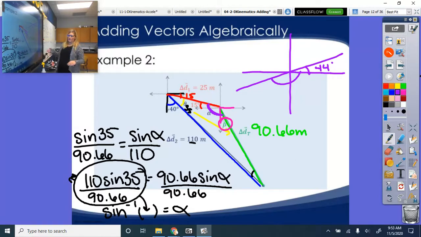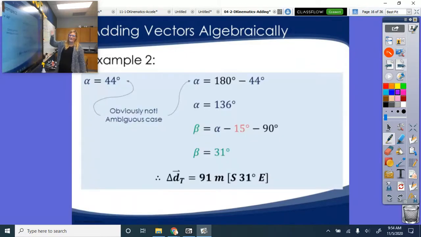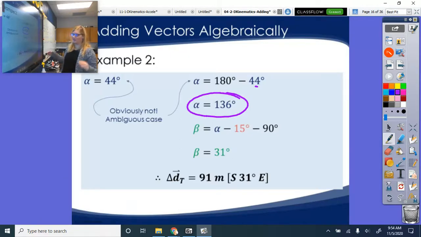So if the 44 degrees doesn't make any sense, which it doesn't, what I'm going to do is take my 180 from my straight line and subtract the 44 degrees to see what the rest of that line is to make sense. So I have my 44 degree angle, or I have the angle that forms the rest of the line. 136 makes a whole lot more sense, and it fits in with everything else that we did.